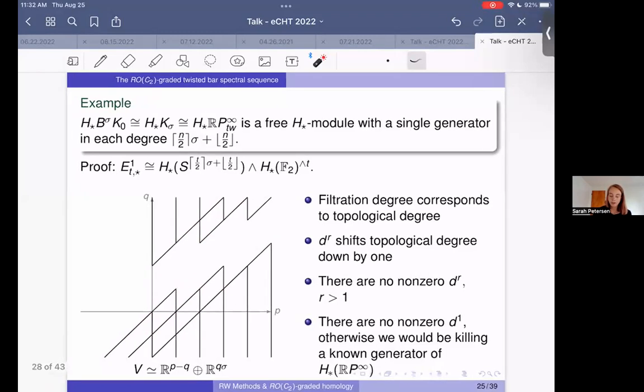If we work a little bit, I'll give some of these names. I'll call this generator e sigma, this one alpha parentheses 0, in analogy to the non-equivariant case, where we have e1 and alpha parentheses 0.